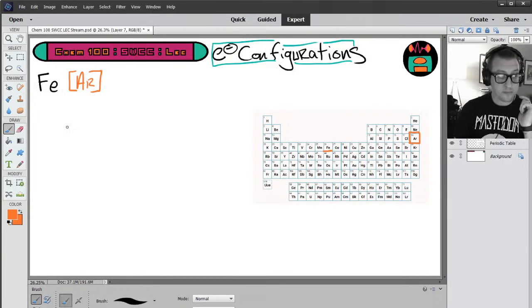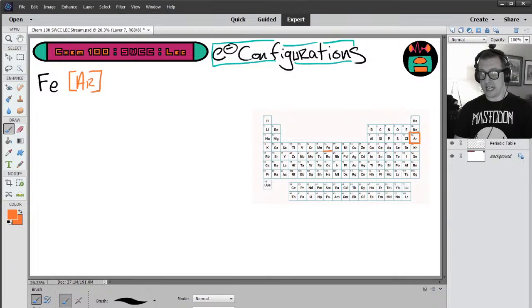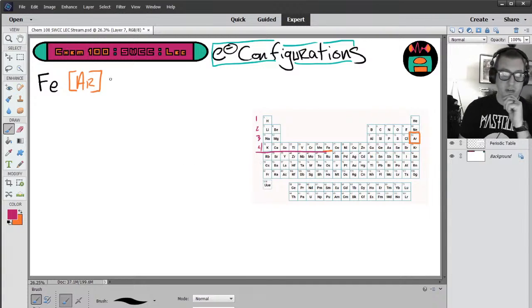Next, we find the period that iron's on, and it is down on the 4th period. So we're starting in the S block. We're going to count 1, 2 spaces in. So this is 4s2.